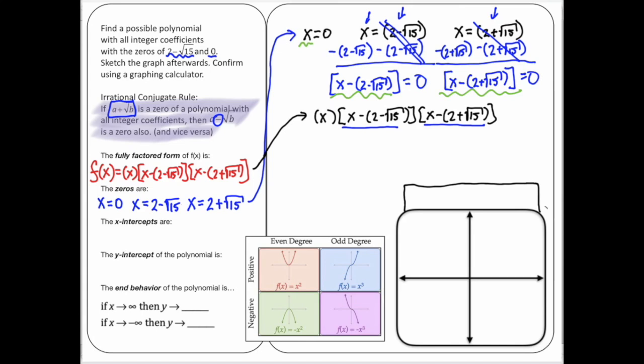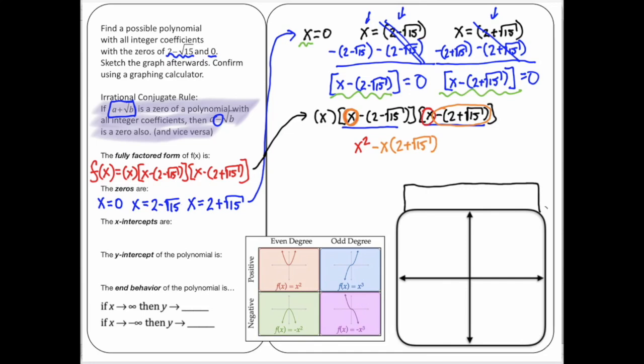So here we go. I'm going to FOIL and I'll try and do each part in a different color. X times x is going to give me x squared. Okay? And then I will have x times this entire amount right here. So I'm going to write a negative x, because there's a negative sign in front, 2 plus the square root of 15.